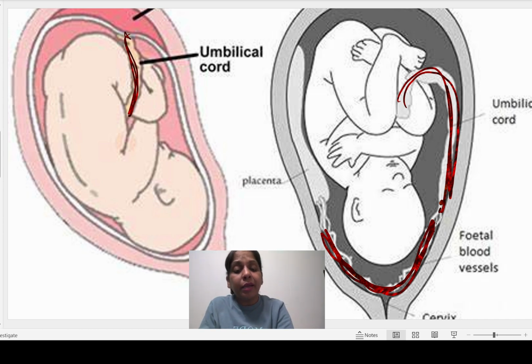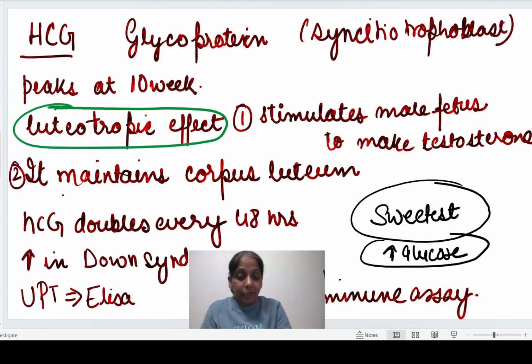Now, this time it is the fetal blood, not the maternal blood. Okay, and all these things we have studied in APH, right? So Velamentous placenta or membranous placenta leads to Vasa Previa.